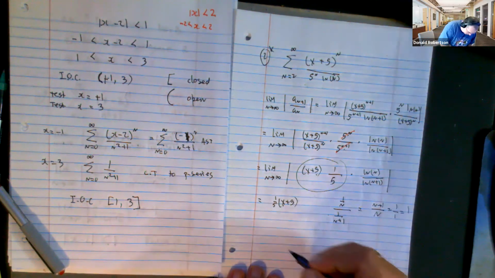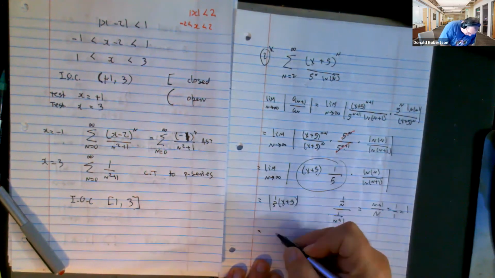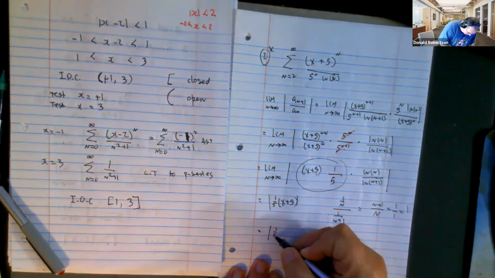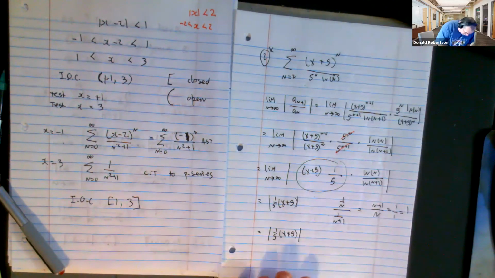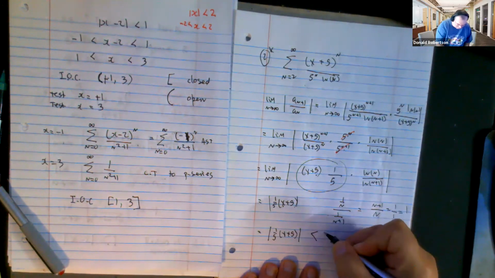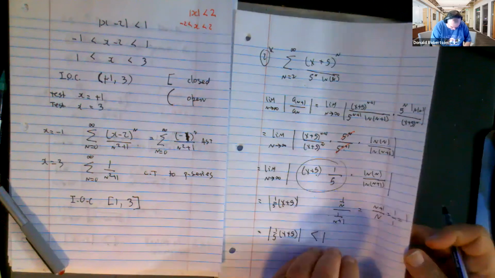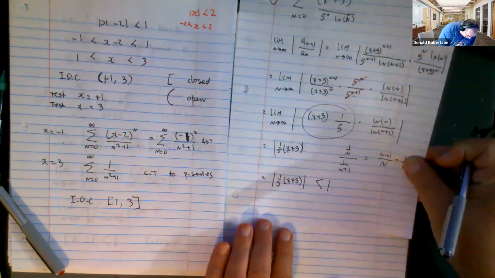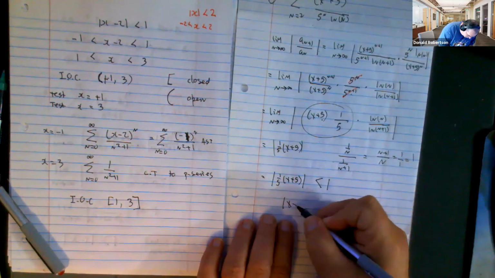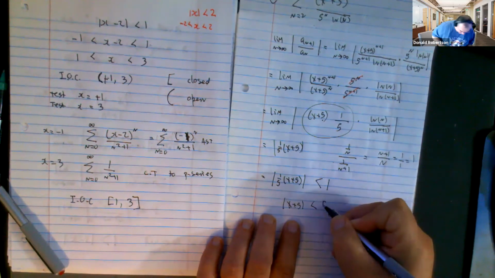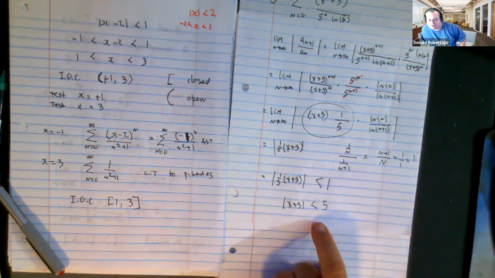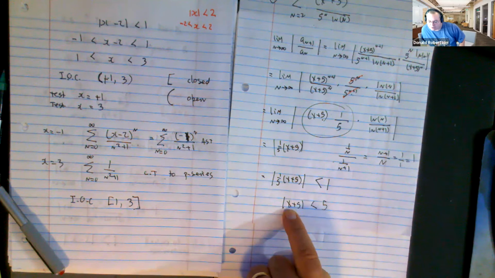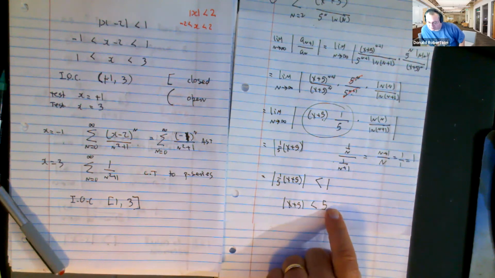So that means that we are left with this as the answer to the limit. And according to the ratio test, this should be less than 1. And now I'm going to multiply both sides by 5. The reason I'm doing this is so that we can find the radius of convergence.